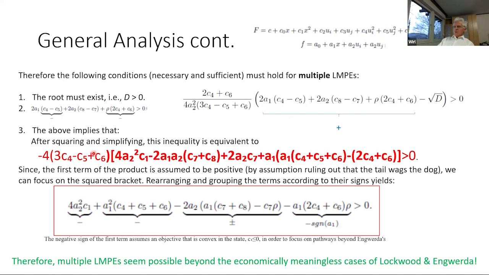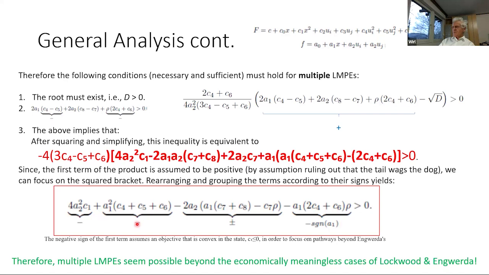So again, the term in front of the square brackets must be positive, so we can focus on the term within the square brackets, which is repeated below. Okay? So you see here, the first term is negative if I rule out the case of a convex objective.